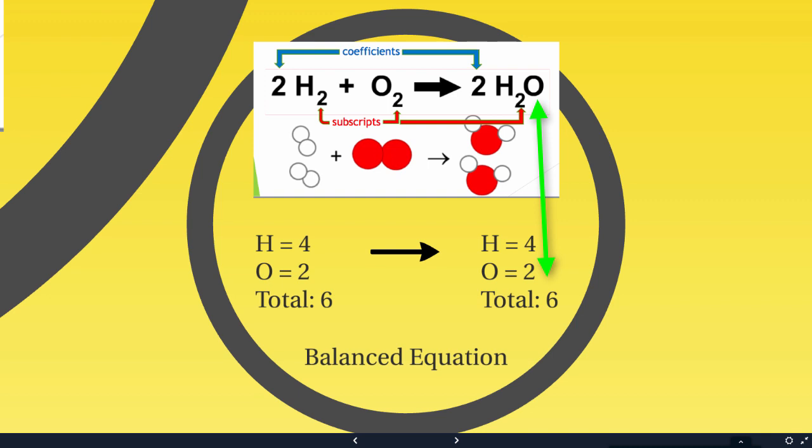So that's telling me there's 2 oxygen. And then if I look, I have 4 here, 4 here. So these match. My 2 here and 2 here for oxygen, those match. And my total matches. So I didn't gain or lose any atoms, and my elements are still the same, even though the formulas that represent them are different. So that is a balanced equation.